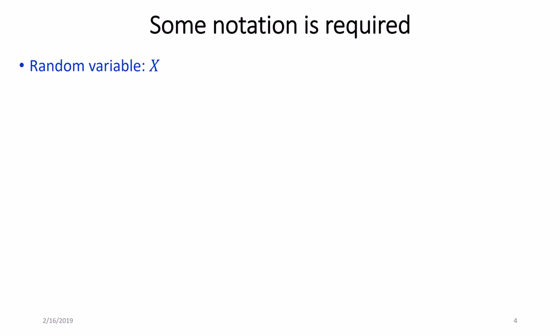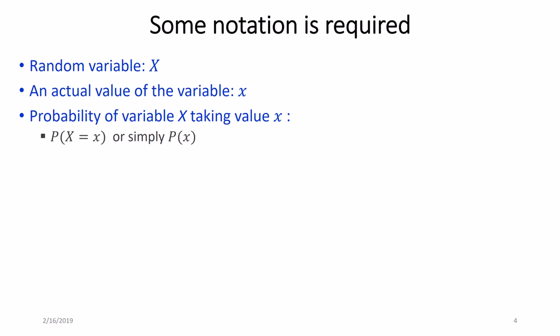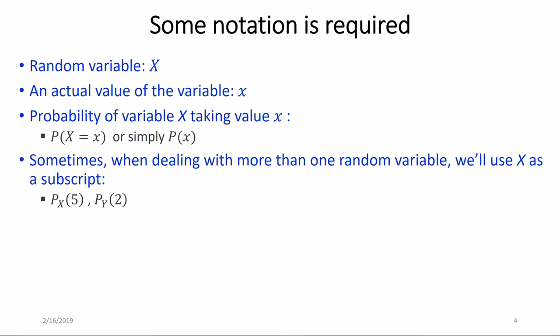Here are some notations. A random variable X is an uppercase letter. An actual value of the variable is a lowercase x. The probability of a variable X taking value lowercase x is simply P(x), or P(X = x).